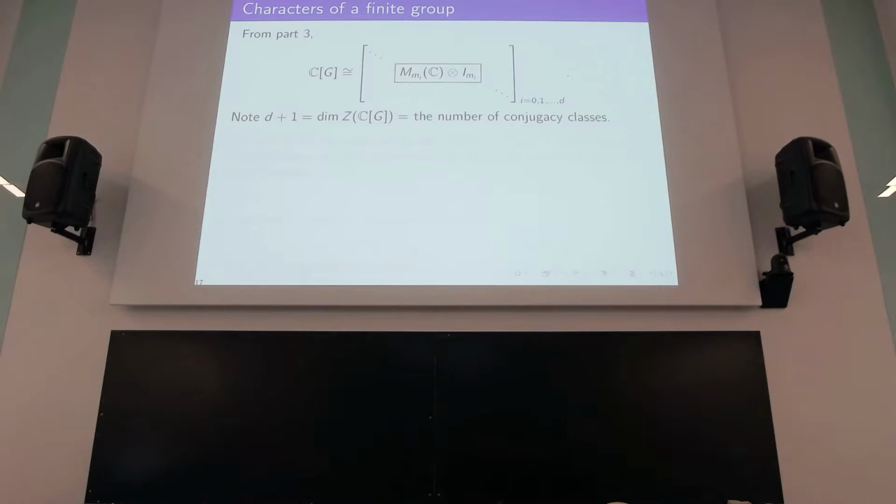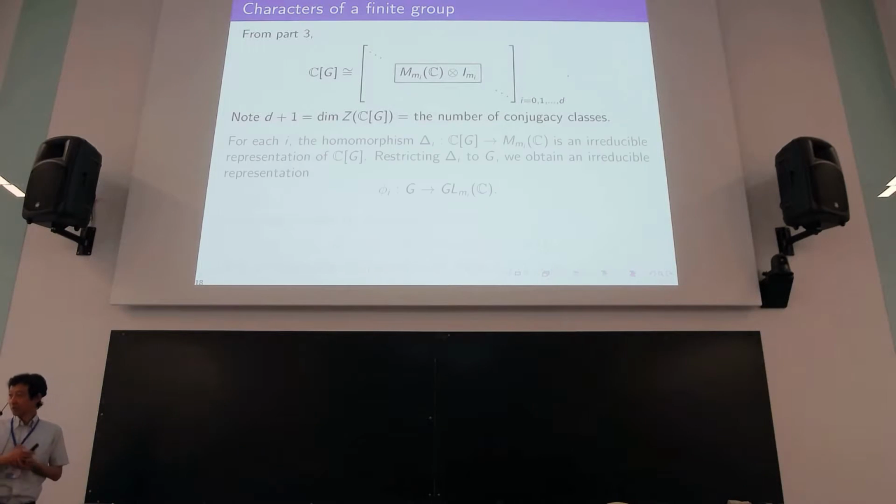Well, from part 3, we knew the structure of the group algebra, and it gives a representation. We defined what I mean by a representation of an algebra, and the only representation I consider is to take the block diagonalization and extract a particular block.